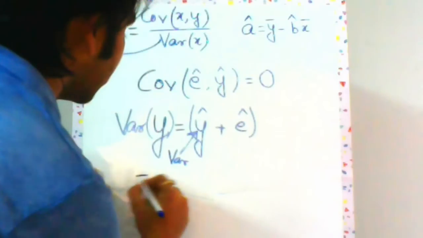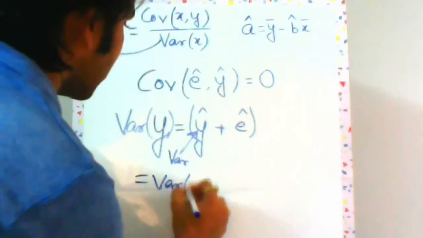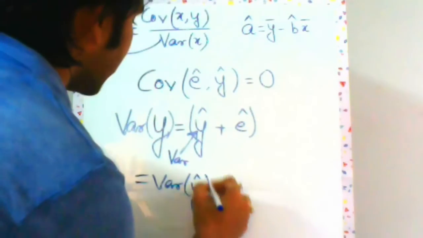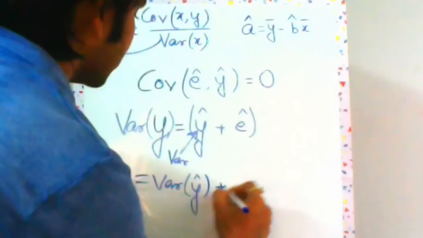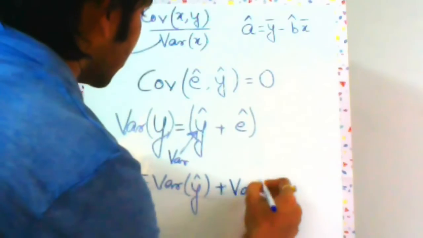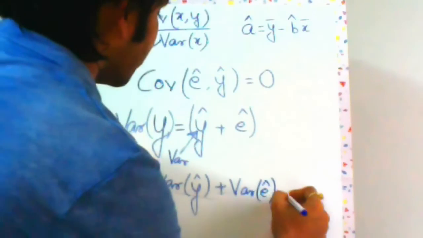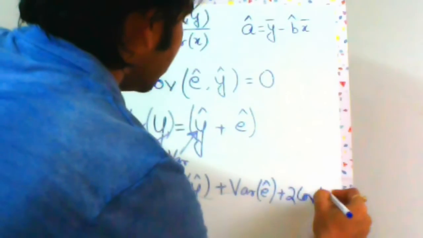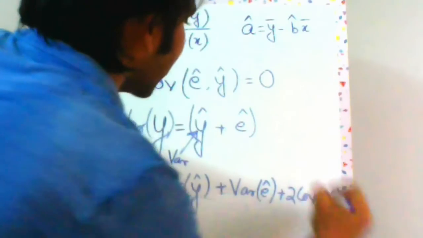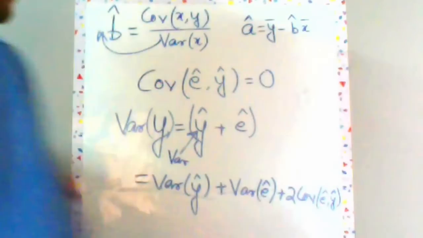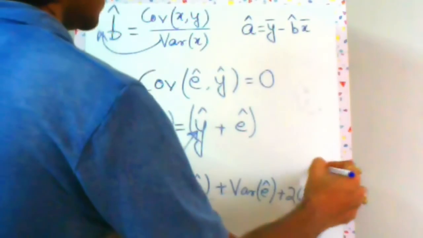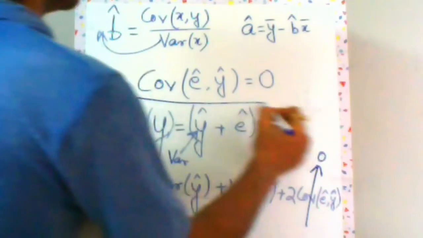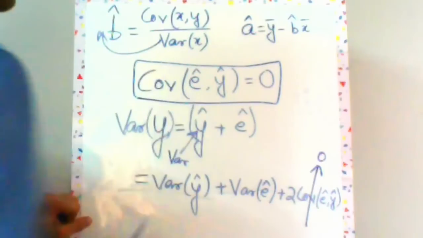You will get variance of y hat plus variance of e hat plus twice covariance between e hat, y hat, and I already know that this guy is equal to 0 based on my earlier result.